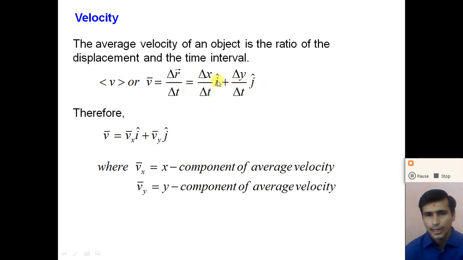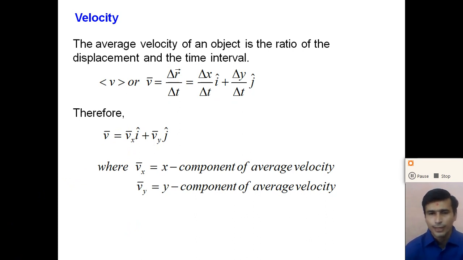So delta x by delta t is the x component of the average velocity, and delta y by delta t is the y component of the average velocity, right? So the average velocity can be represented in component form as v bar equal to vx bar, that is the average velocity in the direction of the x-axis, and vy bar, that is the average velocity in the direction of the y-axis.